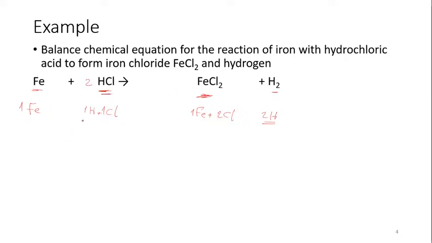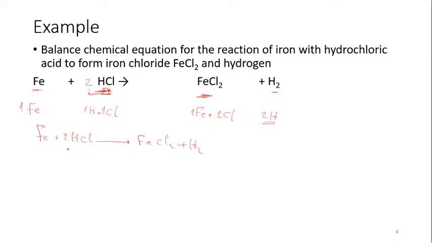If I multiply this part by 2, I have to remember to multiply the 2 by the H, the hydrogen atoms, and I have to multiply it by the chlorine atoms as well. So I have Fe plus 2HCl to give me FeCl2 plus H2.